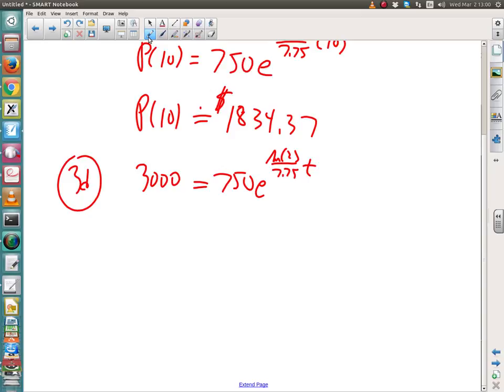If you divide 750 into 3,000, doesn't it go 4 times? Now, wait a minute. So that's another doubling time? So if it doubles from 750 to 1,500 in 7.75 years, then it doubles again from 1,500 to 3,000 in another 7.75 years. So all you really have to do is this.